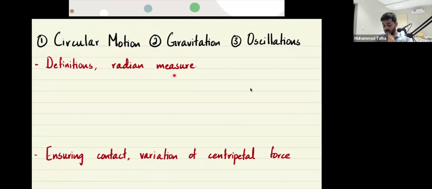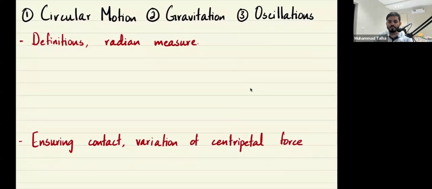So regarding circular motion, you must be able to define certain things like the radian measure. How do you define this? This sort of stuff you must be able to define. Next, with circular motion, you must be able to talk about these problems where you are asked whether contact will remain there or whether it will be lost.